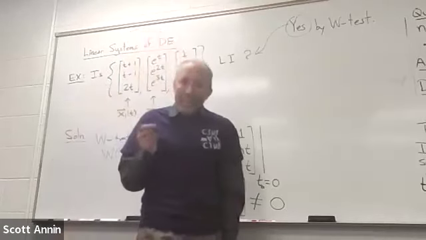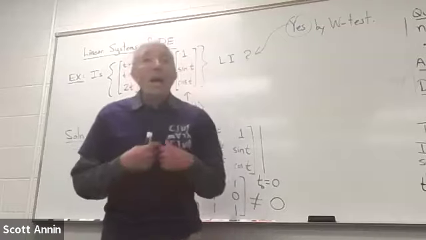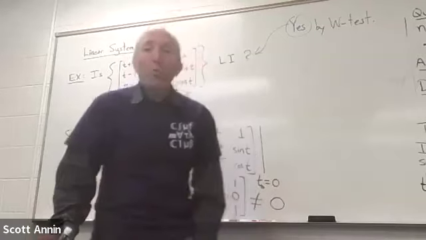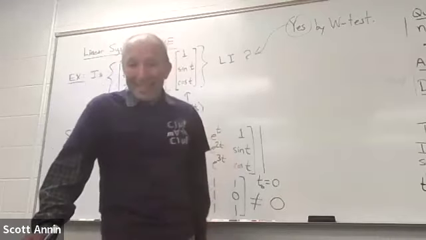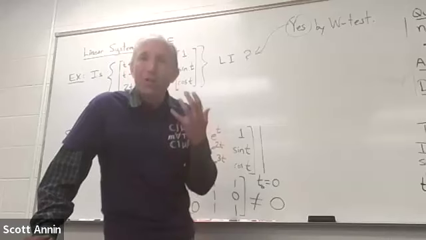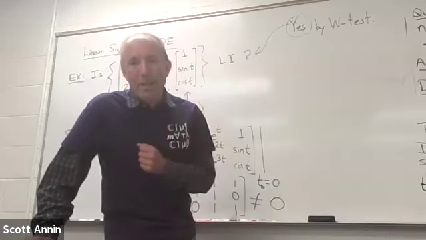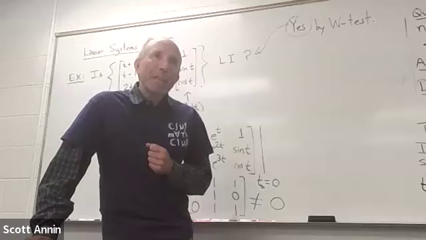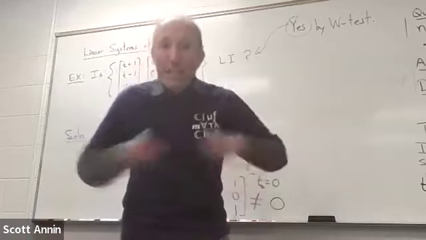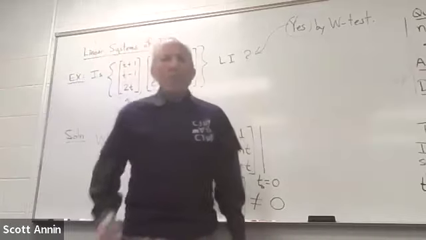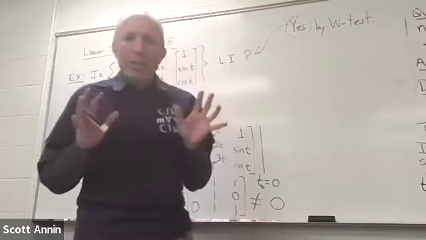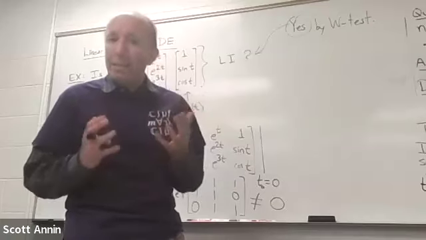And if they're LD, no matter how many values of t you tried, you will never successfully get a non-zero Wronskian. You would get zero every single time. So at some point, it becomes fruitless to keep just trying values of t. At that point, you really should think about whether this determinant is always just going to be identically zero.